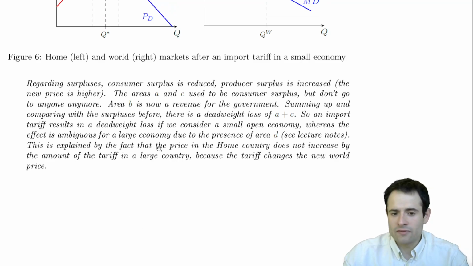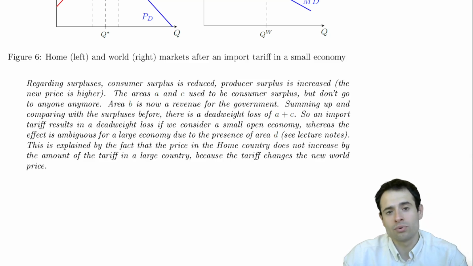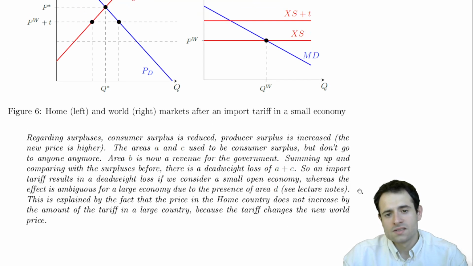This is explained by the fact that the price in the home country does not increase by the amount of the tariff in a large country, because the tariff changes the new world price. Same as a subsidy.